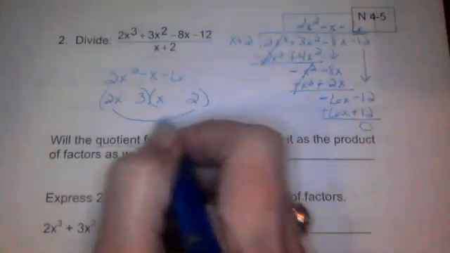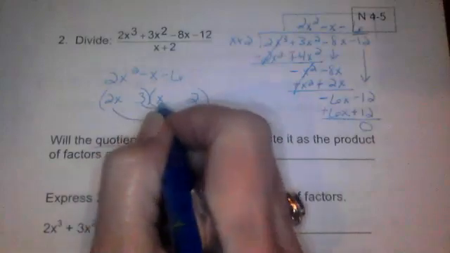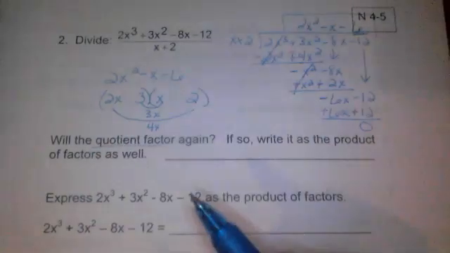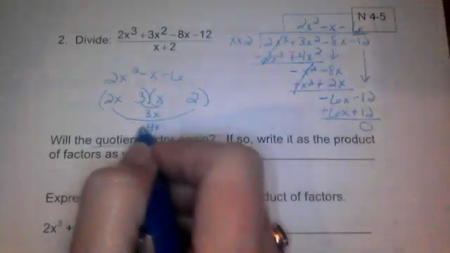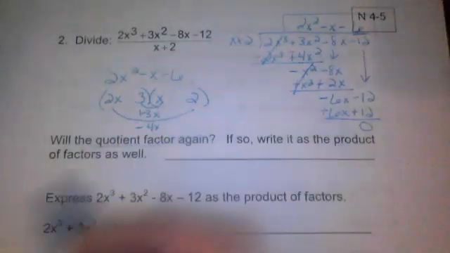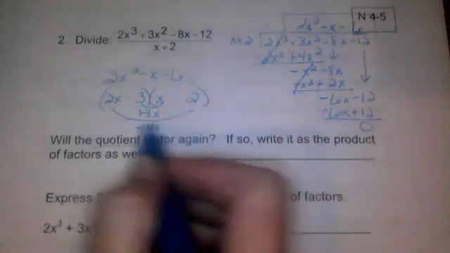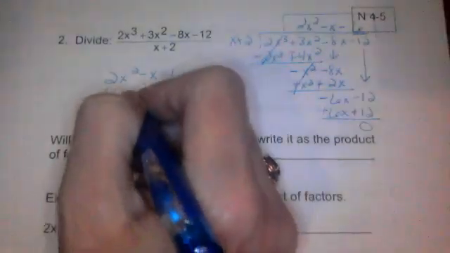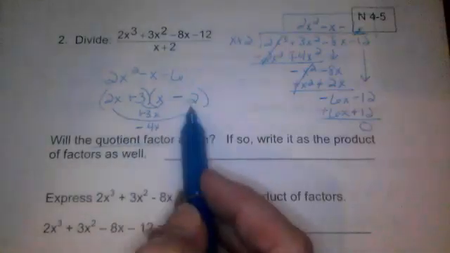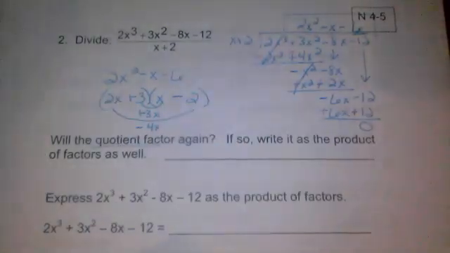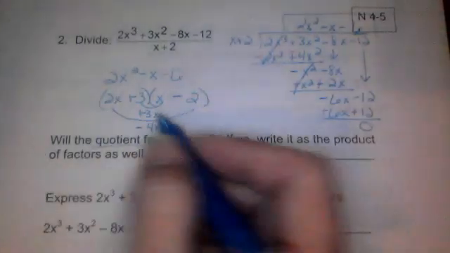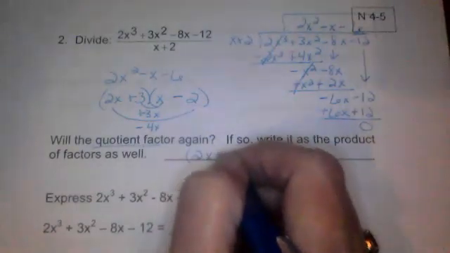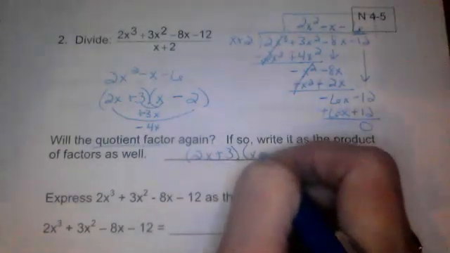That would give me a 4x here and a 3x here. And if I need a negative x, I need negative 4 plus 3. So to get a negative 4 out of this, I have to put a negative here and a plus 3 here. And that would multiply to give me negative 6. So it looks like, yes, it does factor again. It factors to 2x plus 3 times x minus 2.